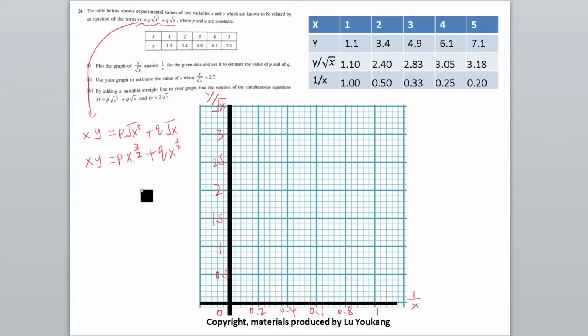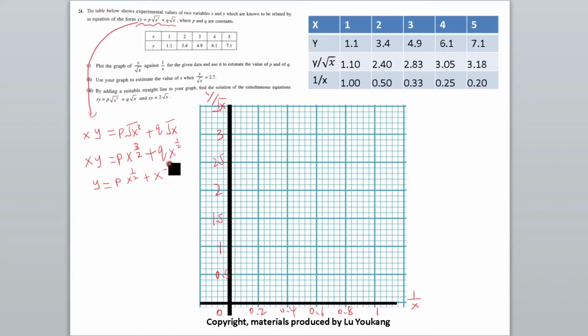Let me manipulate the equation first. This question is not very straightforward, so let me divide by x first on both sides.